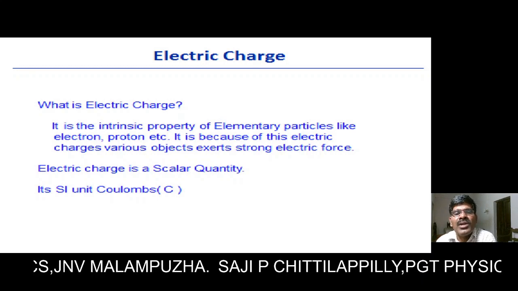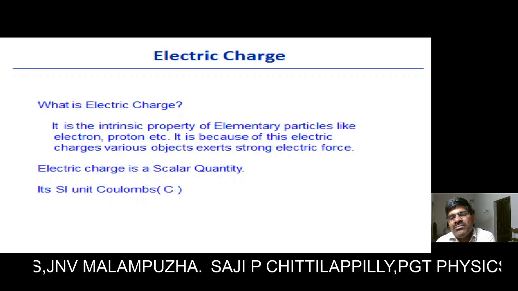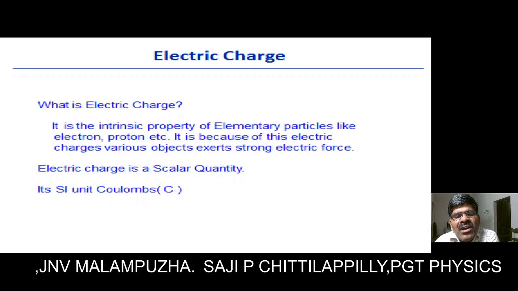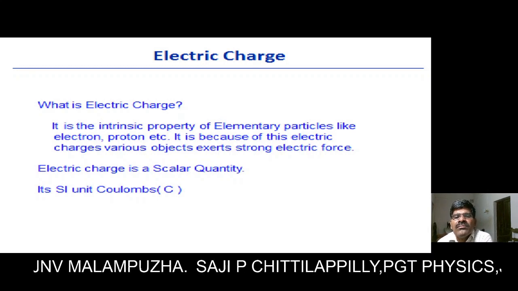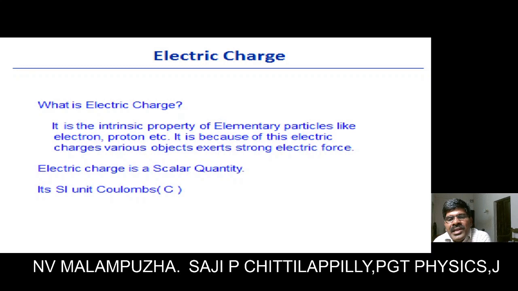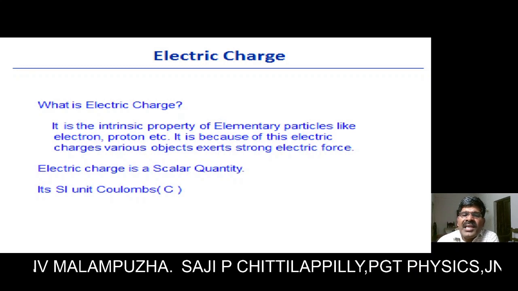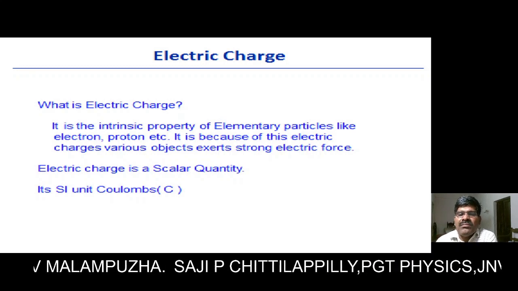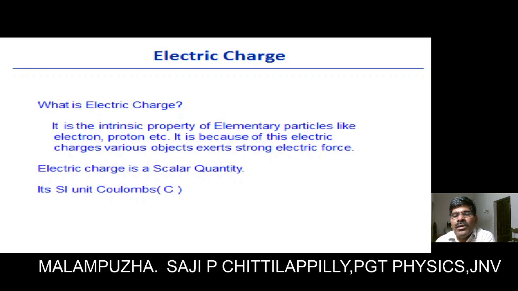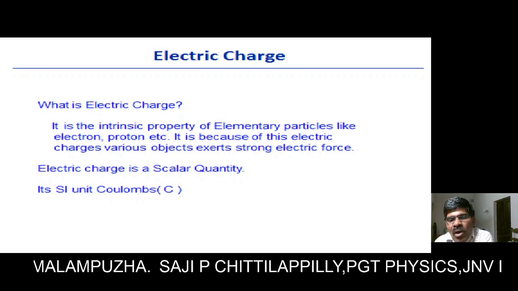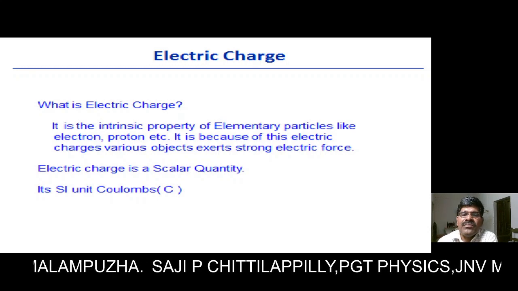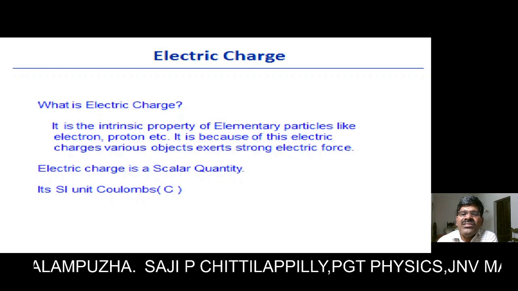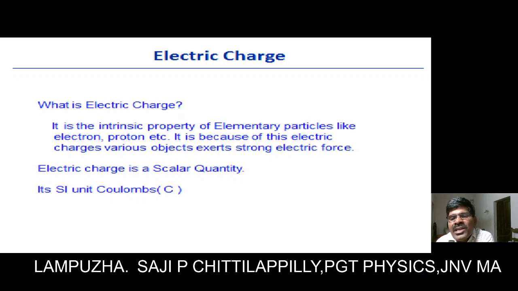Let us learn something about electric charge. What is an electric charge? It is the intrinsic property of elementary particles like electron, proton, etc. It is because of these electric charges that various objects exert strong electric force.